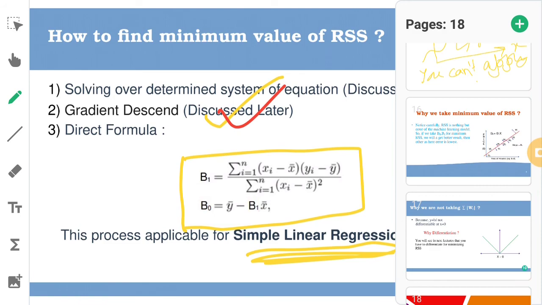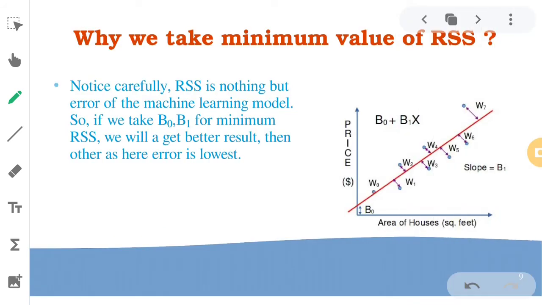Now why take RSS minimum? We discussed it earlier. RSS is nothing but the error of the machine learning model, so if we take b0 and b1 for minimum RSS, we will get better results.